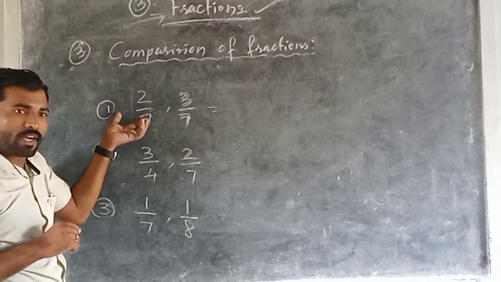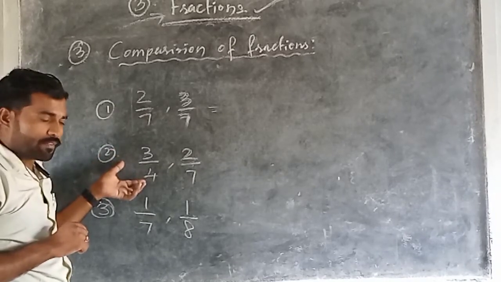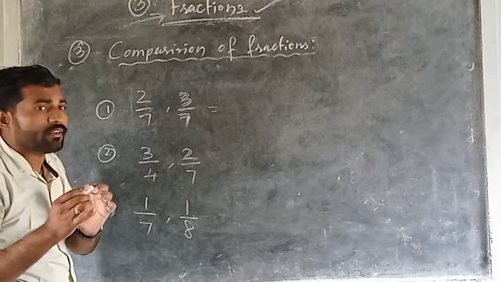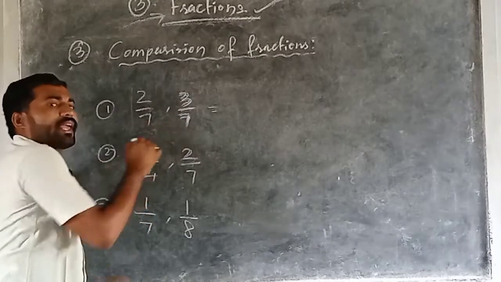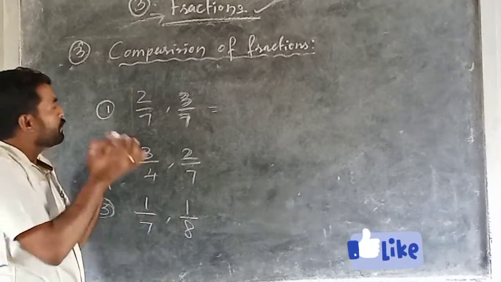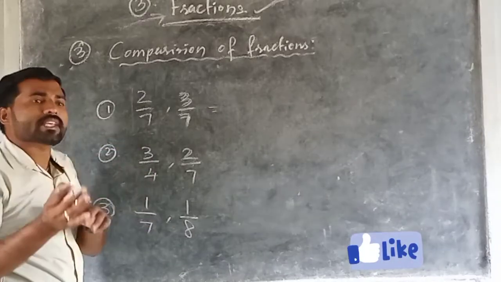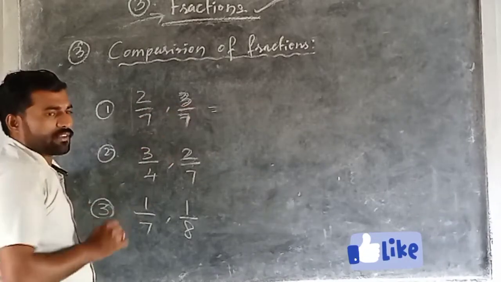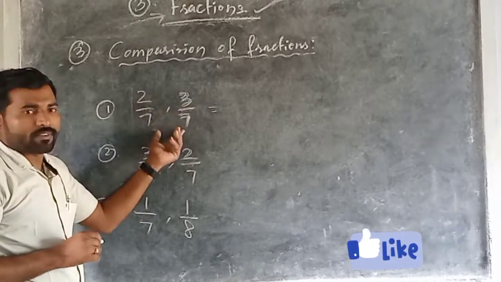What is meant by like fractions? Denominators are equal. If in given fractions the denominator is equal, then they are said to be like fractions.